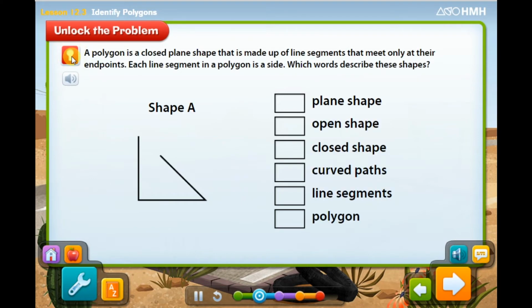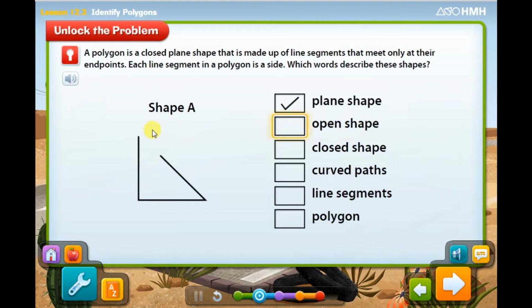Is shape A a plane shape? Yes, because we can draw it on a flat surface. Shape A is a plane shape because it's a shape on a flat surface formed by points that make line segments. Is shape A an open shape?